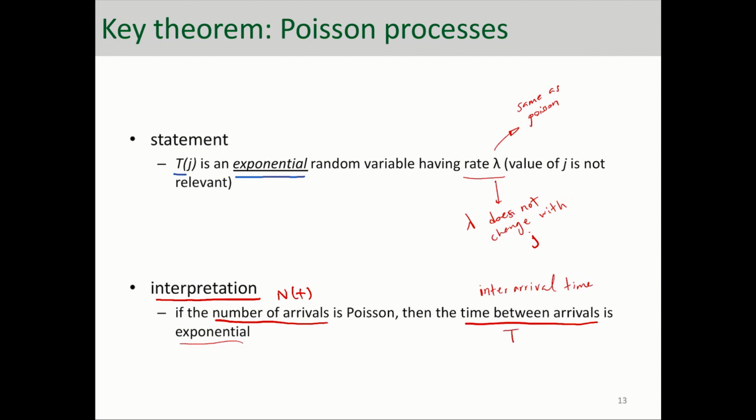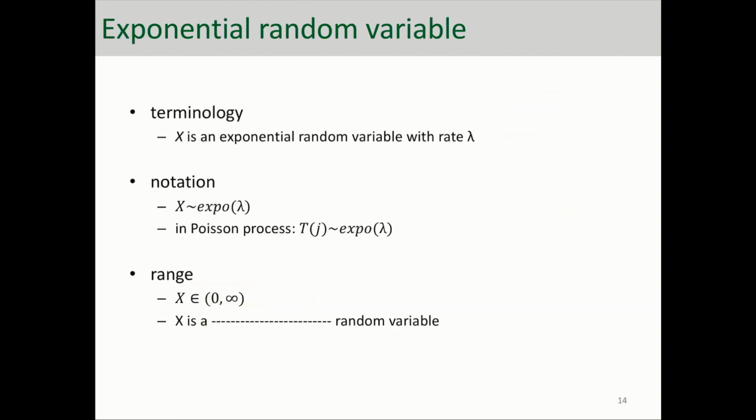Basically, T of j is exponential. And this T of j is the time between arrivals, and it follows an exponential distribution. What is an exponential distribution, or random variable? X is an exponential random variable with rate lambda. The only parameter for exponential is lambda.